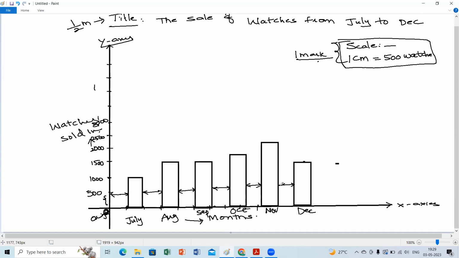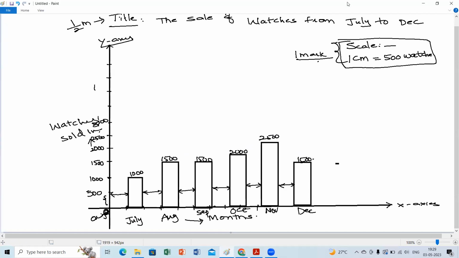Next thing is, in the month of July, 1000 watches were sold. On August 1500, again on September 1500, October 2000 watches were sold, November 2500 watches, and December once again 1500. So like that you have to draw the bar graph.